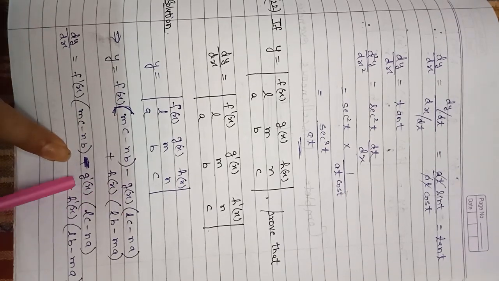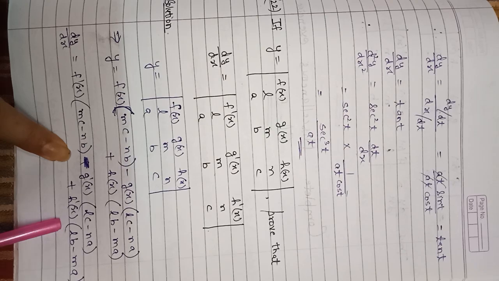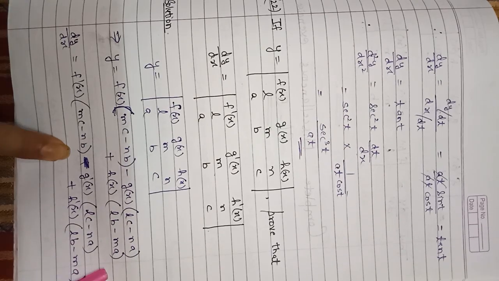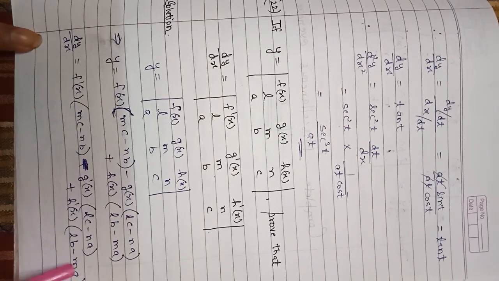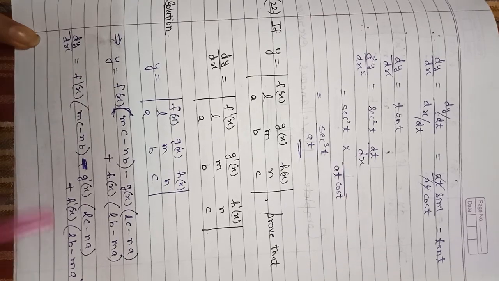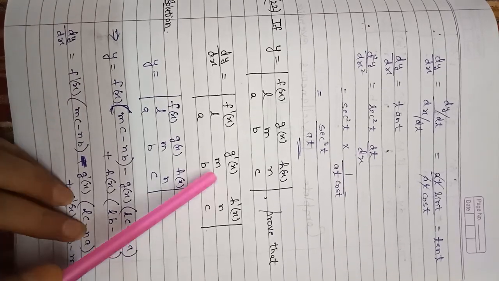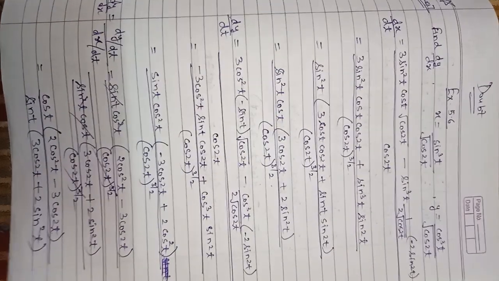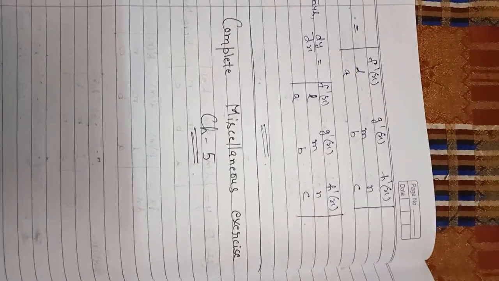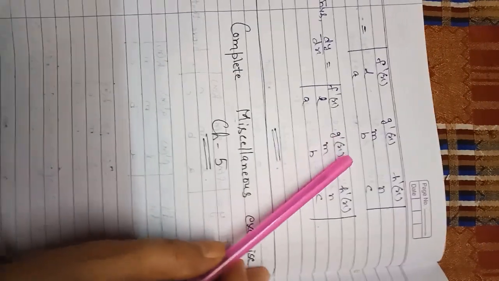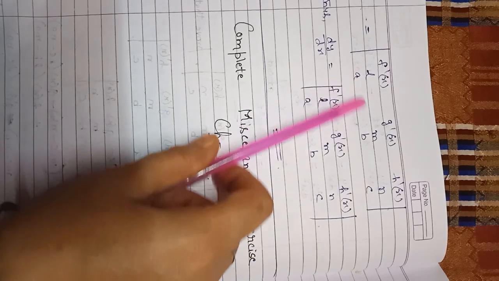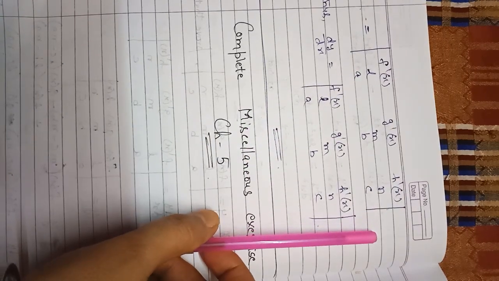This will also become g dash x and this will become h dash x, and these two brackets will also be the same. Now we can see how we are going to put this in determinant form, which is given in the question to be proved. Simply we will put this in the determinant form. See this? This is the determinant form which we were supposed to prove.